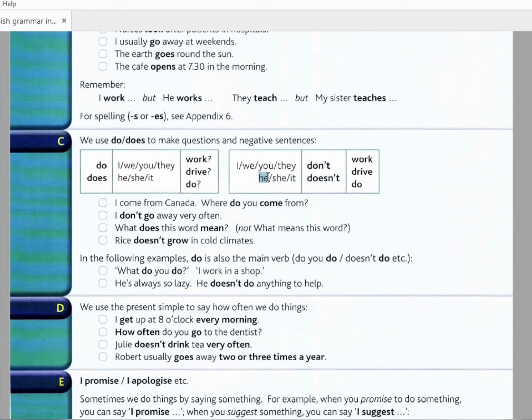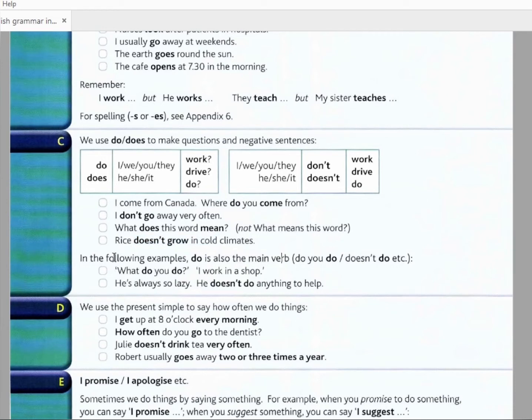If we have he, she, it, we will add does not. Then we will add our base verb. See these examples. I don't go. For example, rice is a singular noun. You'll say rice doesn't grow in cold climates.